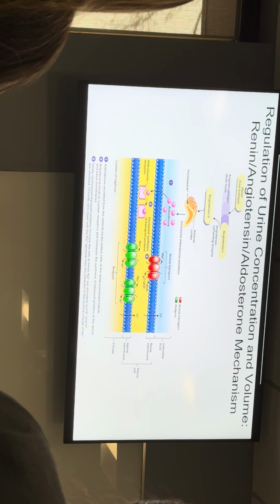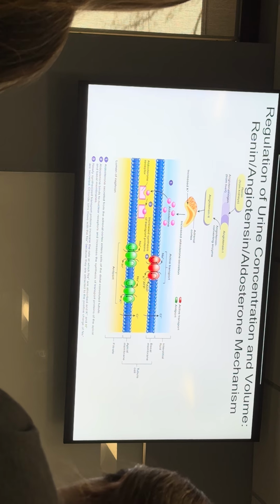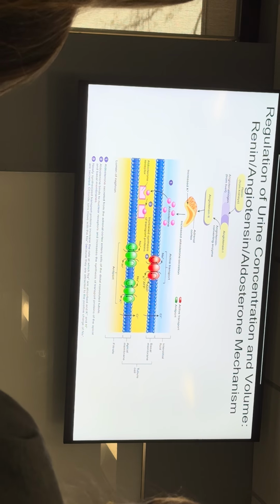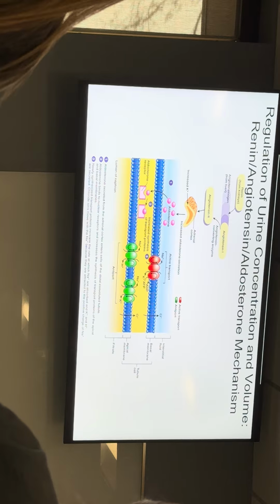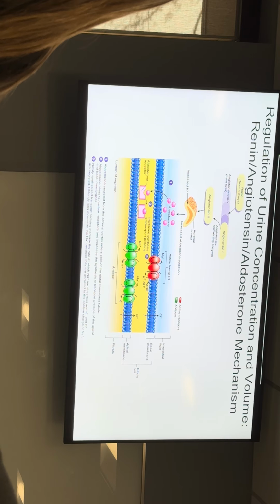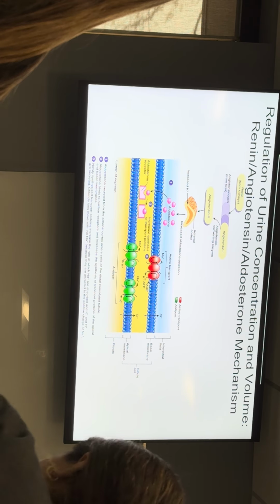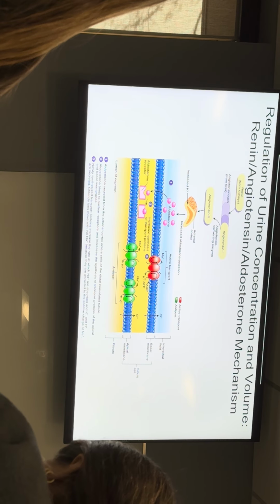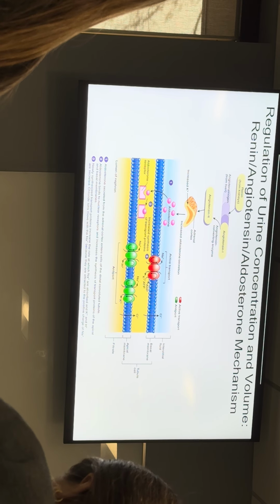They are what the COVID spike protein binds to and makes you sick. The ACE turns angiotensin 1 into angiotensin 2, and that does two things. It makes the blood vessels throughout your body all constrict, and what would that do to your blood pressure? It would make it go up. And then it goes to the cortex of your adrenal gland and makes you release aldosterone.